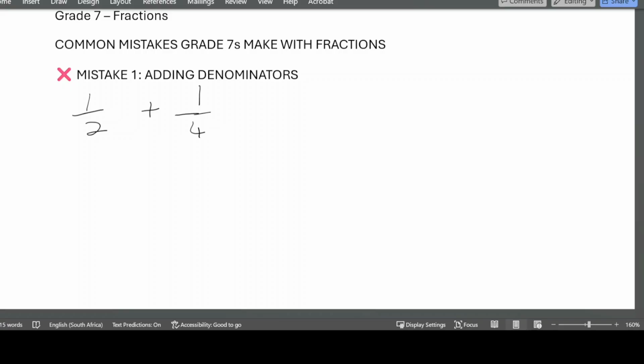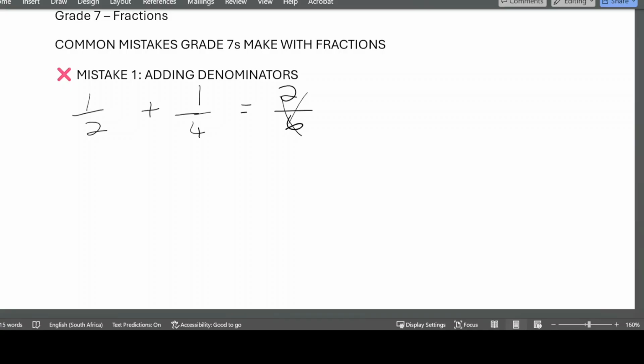Learners write 1/2 plus 1/4 as 2 over 6. This is wrong because the denominator shows the size of the pieces. We do not add denominators. Before adding fractions, we must first make the denominators the same.